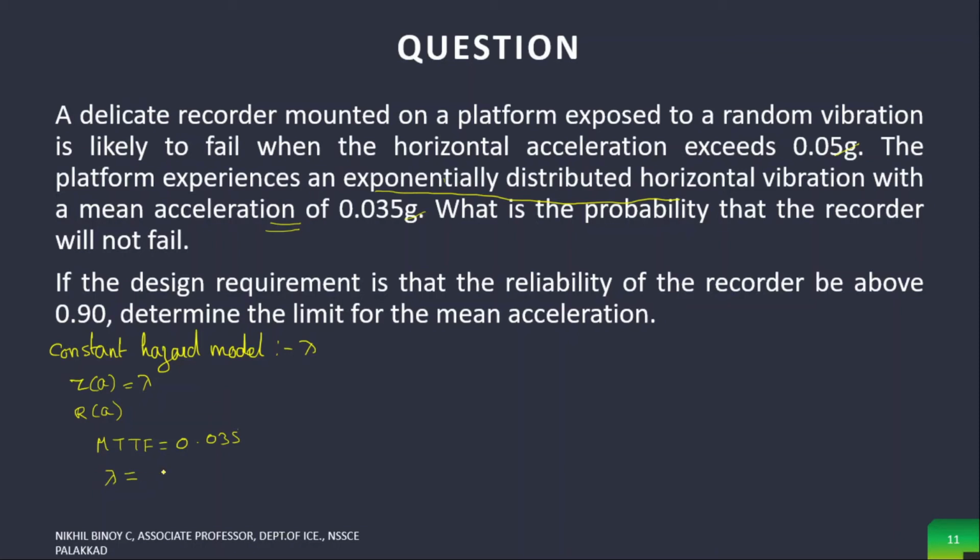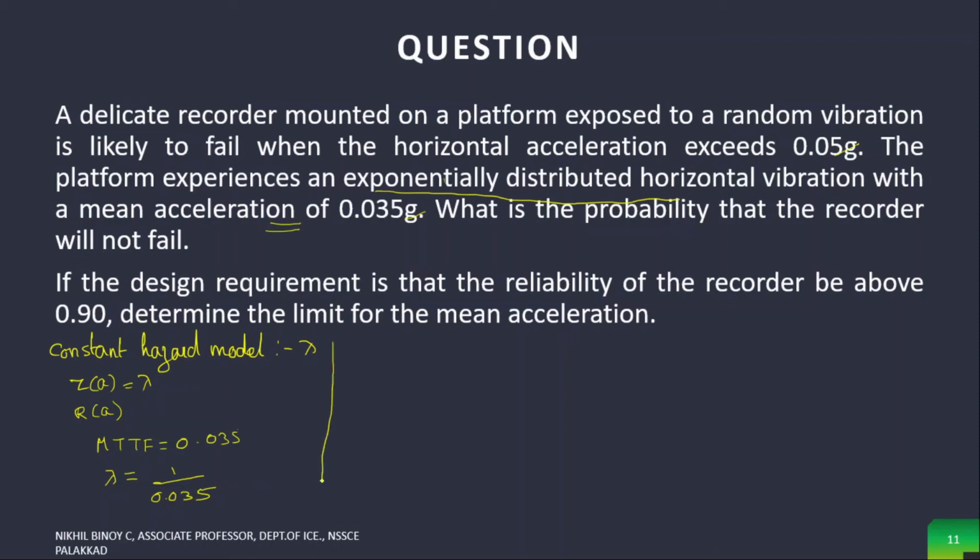There is no need to find the value, just write lambda is equal to reciprocal of MTTF. Just write lambda is equal to 1 by 0.035. That is sufficient, because we are not asked to find lambda, we are asked to find reliability.